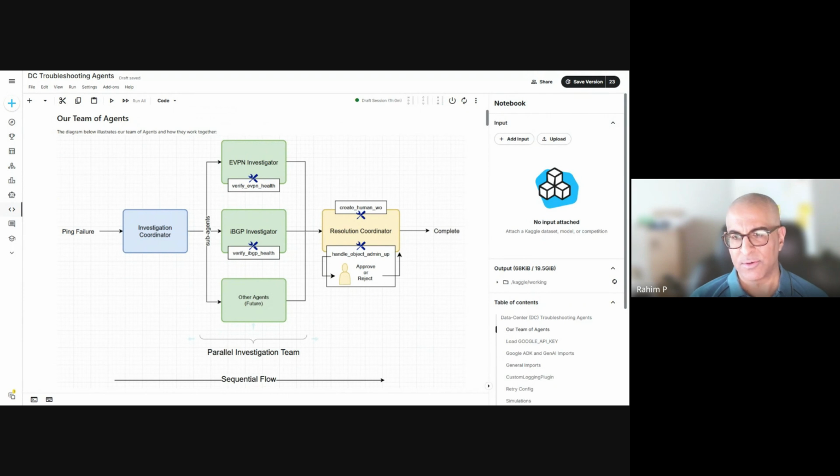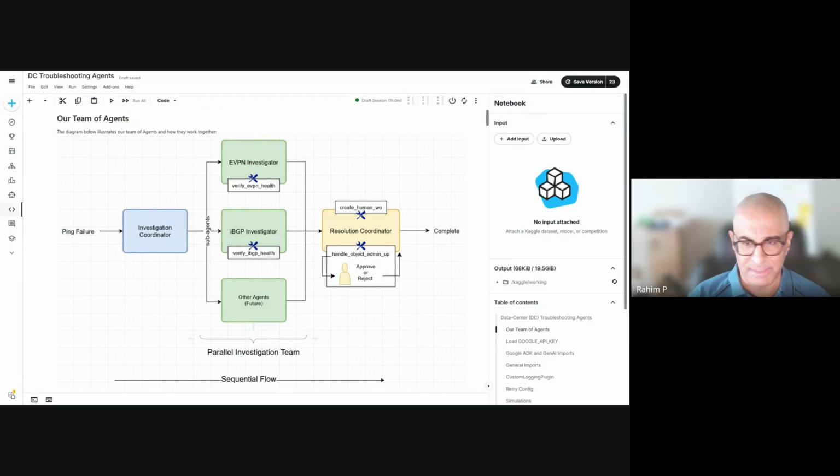The resolution coordinator, as you can see, has a couple of tools at its disposal. The tool at the bottom here is a tool to make configuration changes to the network to resolve the outage. It relies on human approval because, as we've come to know, these networks are critical.